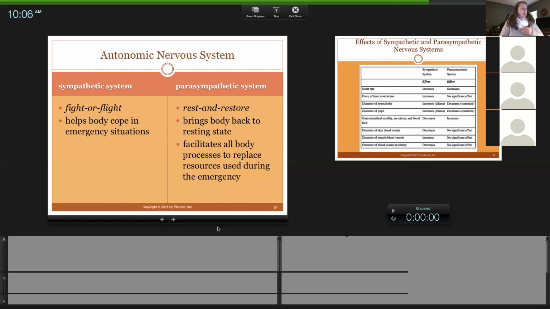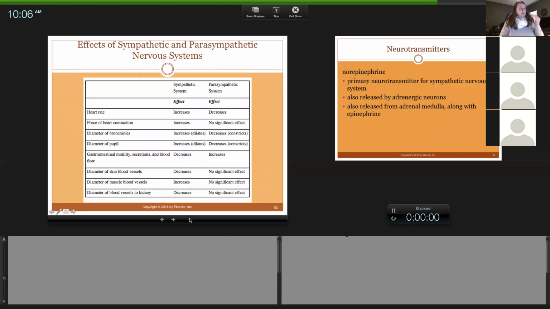So what I want to bring up here is a chart of things that happen in sympathetic stimulation and parasympathetic stimulation. The ones that you need to know for the test are what happens to, and I'll type it in here in a second, heart rate, force of contraction, diameter of bronchioles.